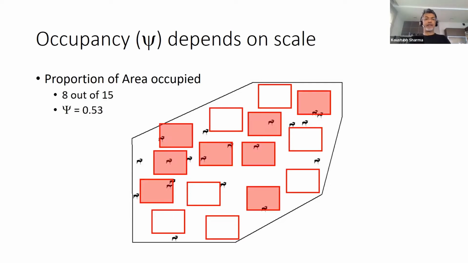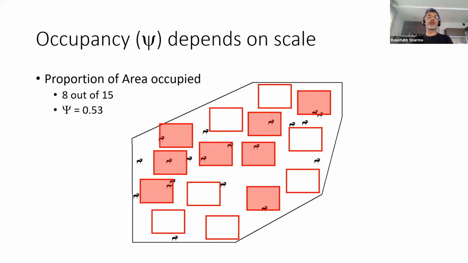Now, let's say we have about 15 sampling units in a study area of our interest. When we go out and do sampling, we find that 8 out of those 15 sampling units were occupied by the species of interest. Let's say in this case it's ibex.